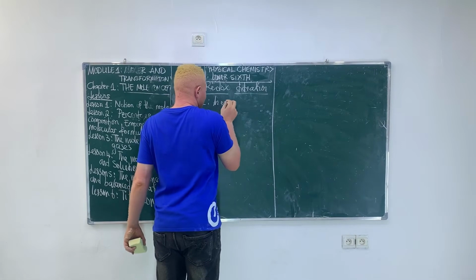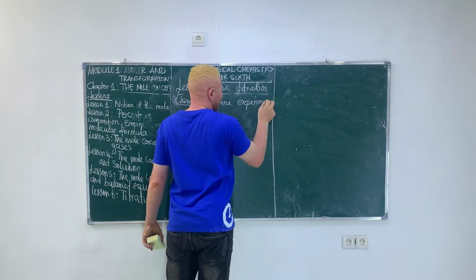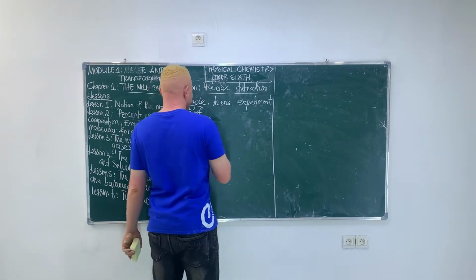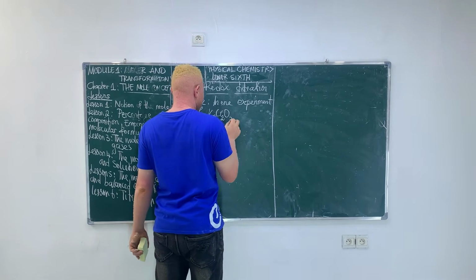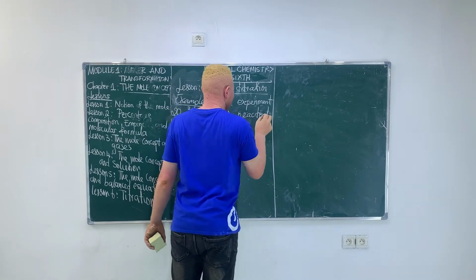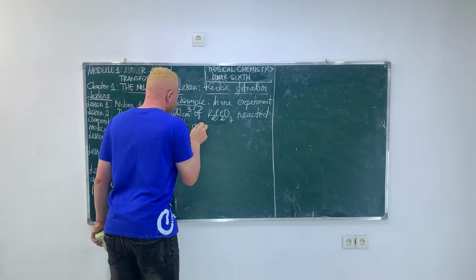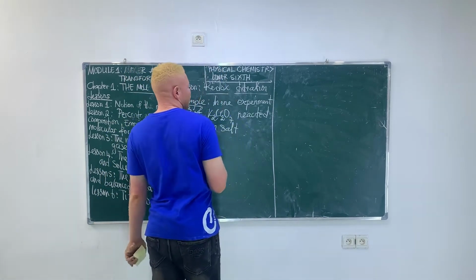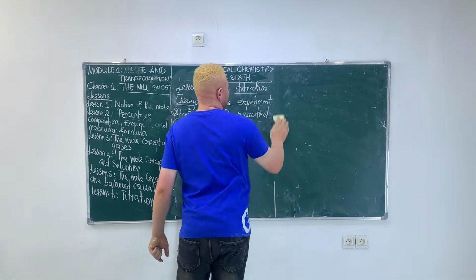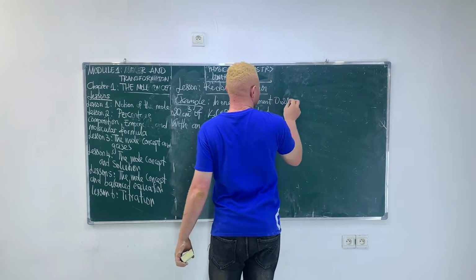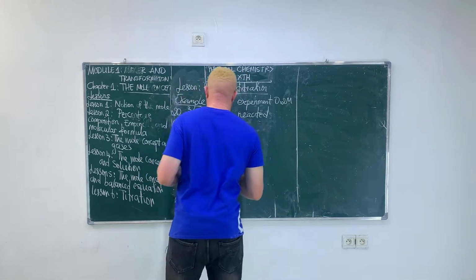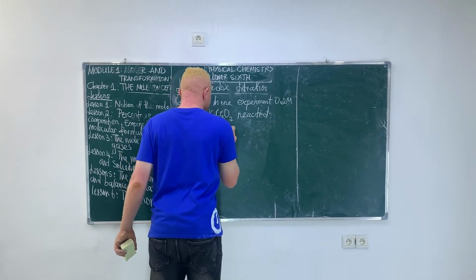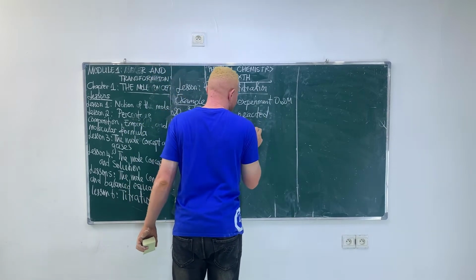In one such experiment, 0.2 molar potassium dichromate reacted with 0.1 molar iron salt.